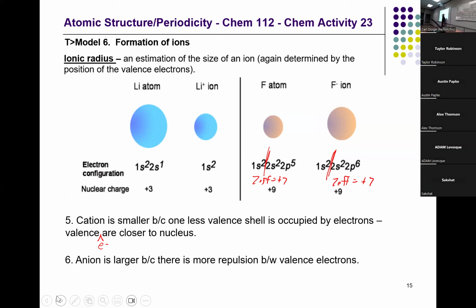Comparing an atom to its cation, size always gets smaller. Why? Generally, we say it's because there's one less valence shell that's occupied. We lose those valence electrons, so now the electrons are closer, right? They actually have a higher effective nuclear charge, but literally they're closer, right?